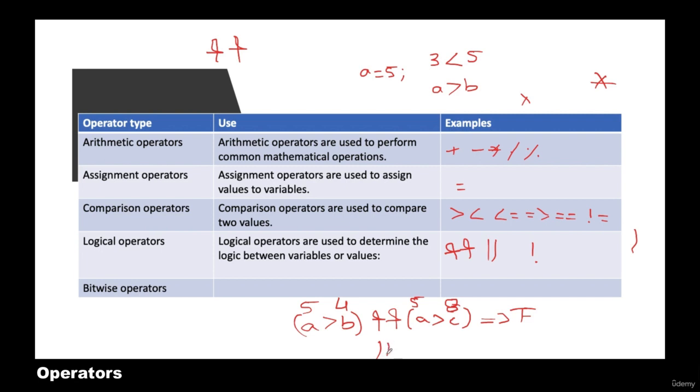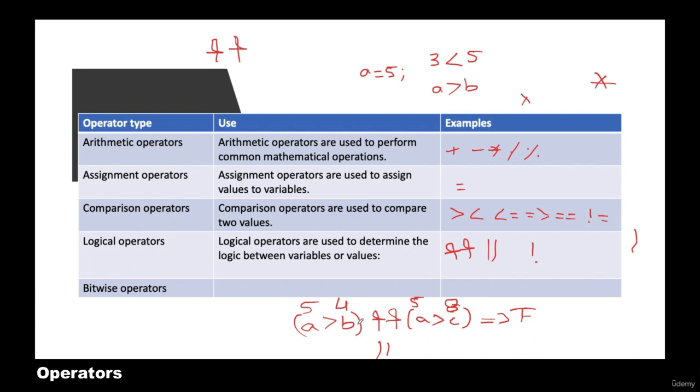With the OR operator we can check conditions. If both conditions are true, OR will result in a true value. But in case of OR, if any one of the conditions is true, it will return a true value.